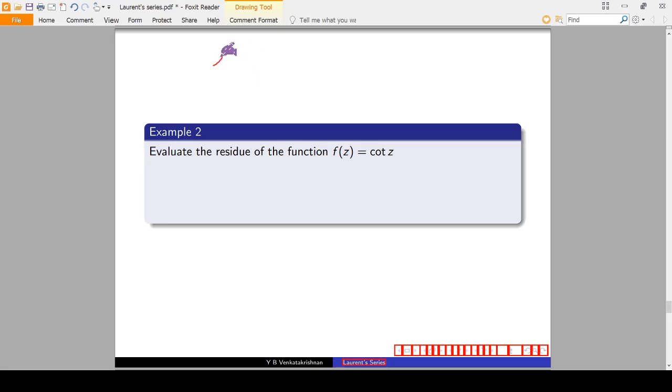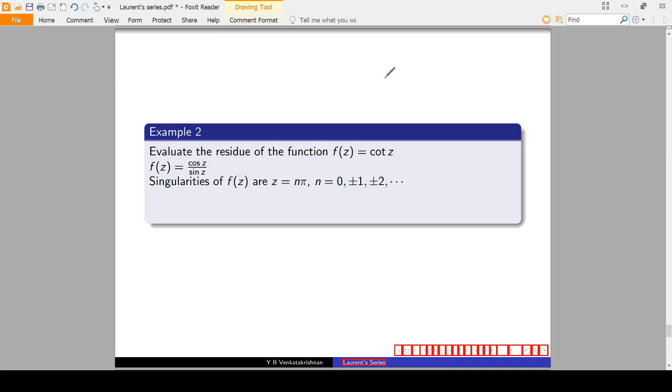this will be more interesting because you have f of z is equal to cot z, and I can rewrite this cot z as cos z by sin z. So this is a rational function, and here when I take z is equal to 0, you have sin 0 to be 0.